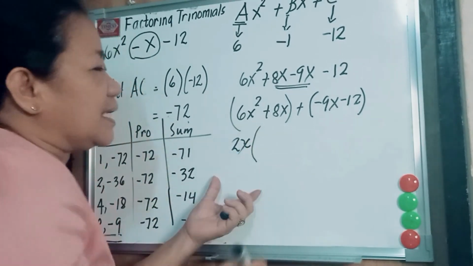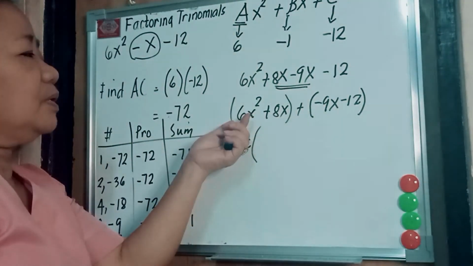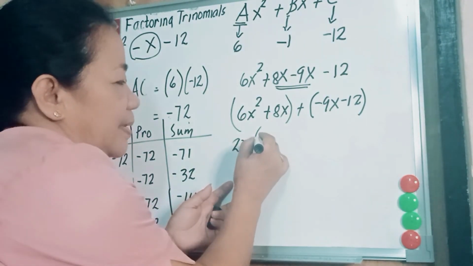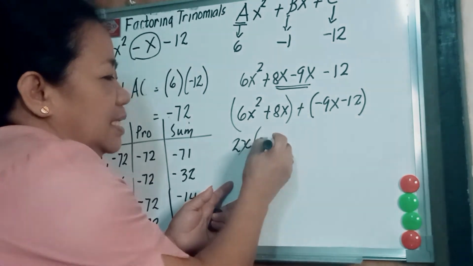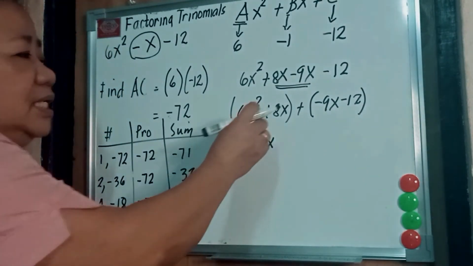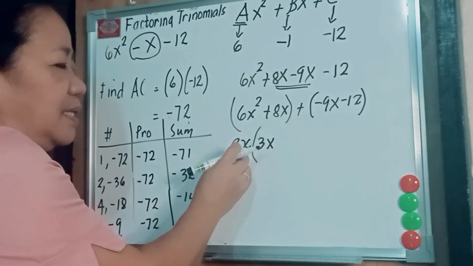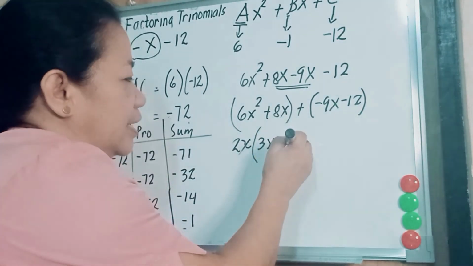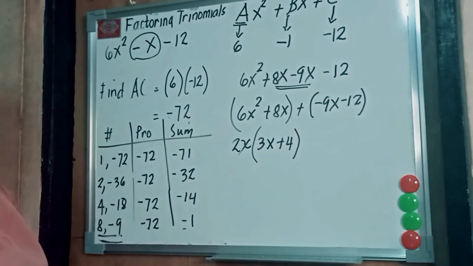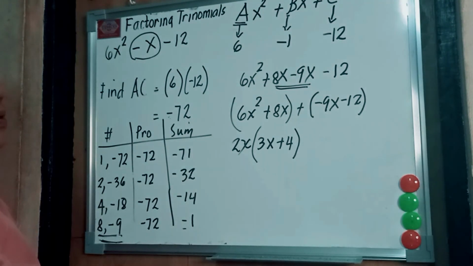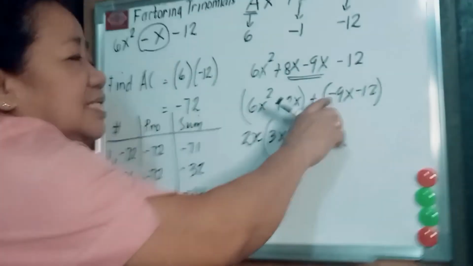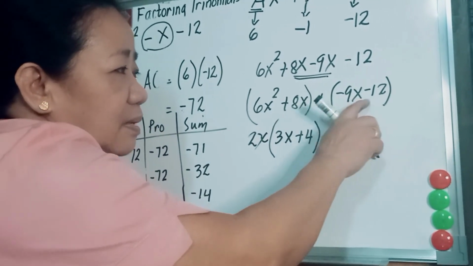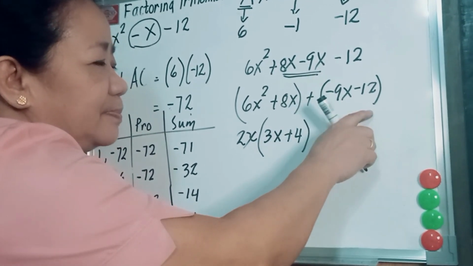To get the second factor, you have to divide this again by 2x. So, this will become 3x. Divide 8x by 2x. This will become 4. Look at the second group. Since this is negative 9x, what is common to these two terms?